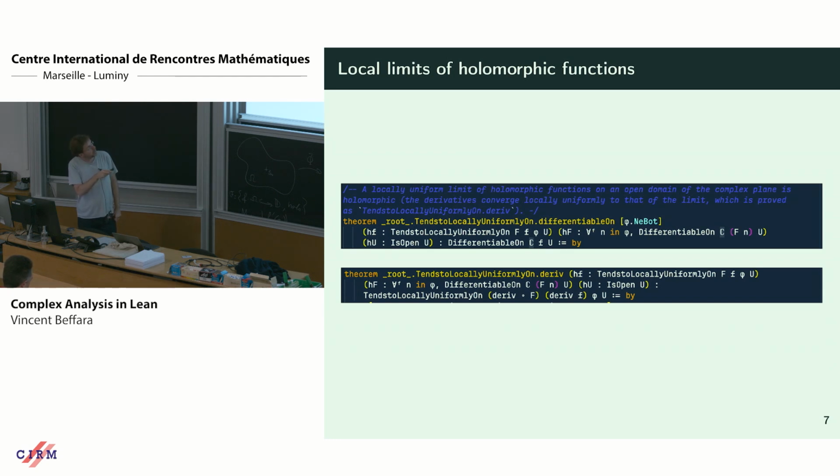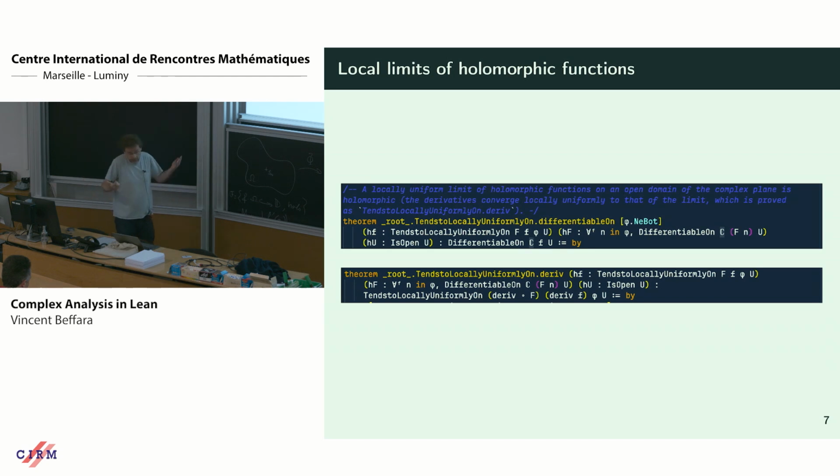And for every n in the index space, you assume that Fn is holomorphic on U. And again, U is an open set. And you assume that you have local uniform convergence to some function f, then the limit is also holomorphic, and the derivative, which is here, converges to the derivative of f.